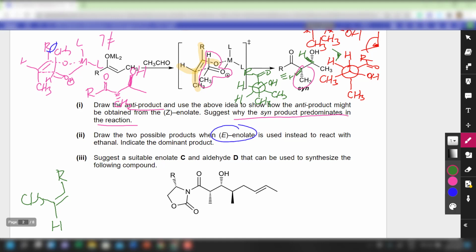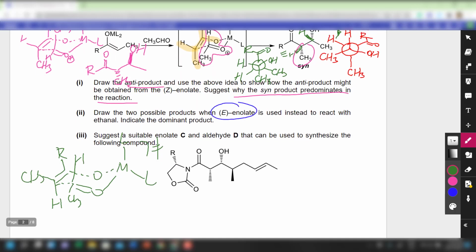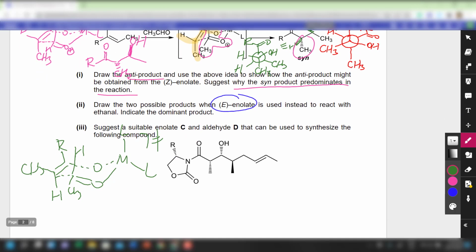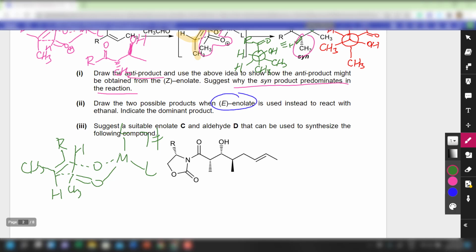So I'm just going to use the same one. I'm going to dot O, and then dot the carbon here, and then I'm going to draw an H here. Then this is a CH3, and then double bond O, and then M, and then L. So this is the transition state we are talking about. With that, I'm going to get the syn and anti-products out.